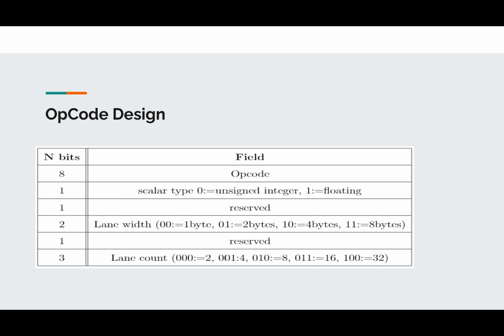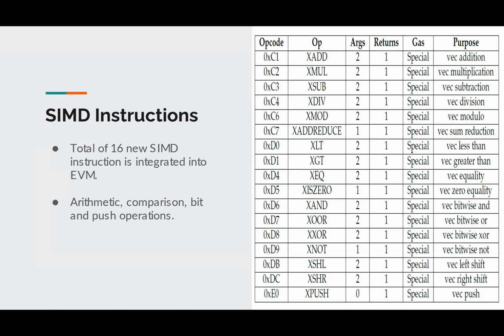The first bit of the second byte encodes the operation type. It is either integer or floating point. The middle 2 bits encode the operand width, which is called lane width. The last 3 bits encode the lane count, which is the operand count one SIMD instruction can operate on.